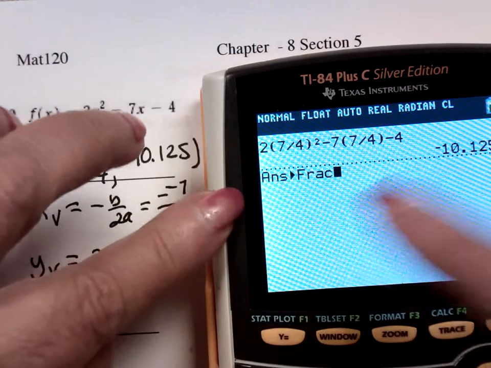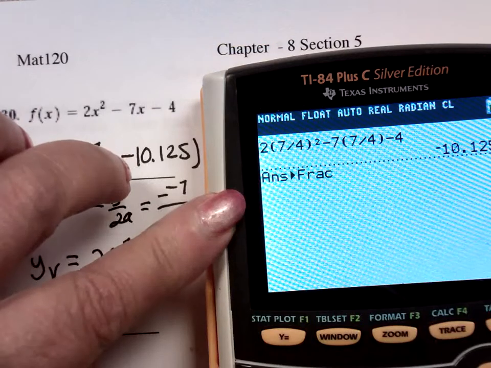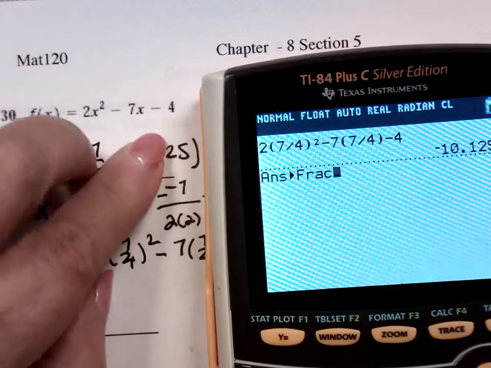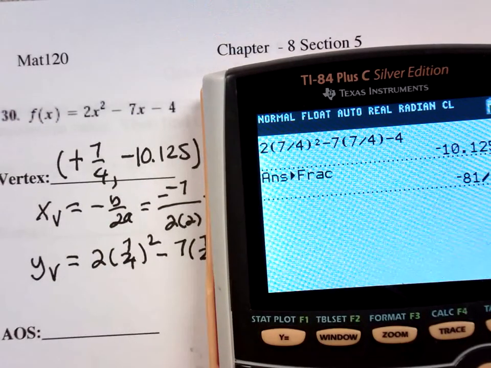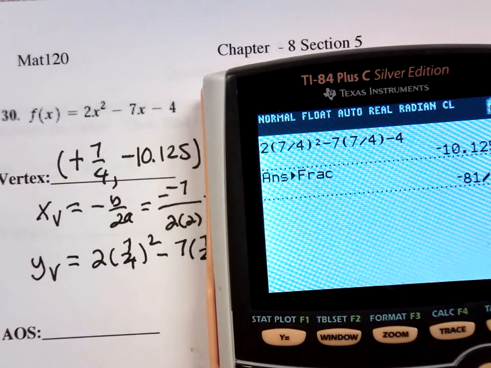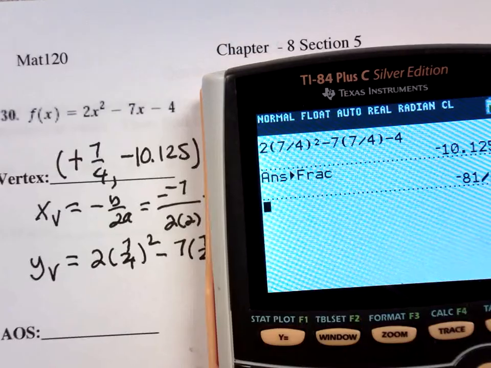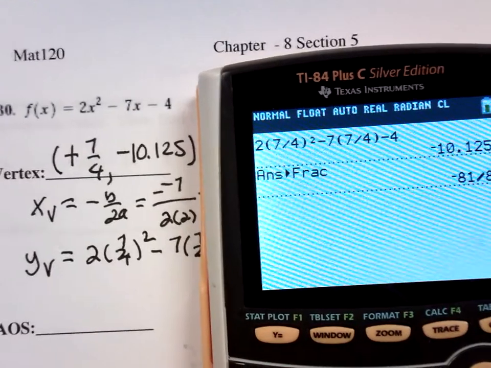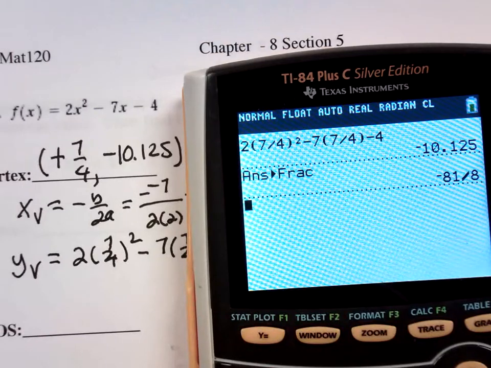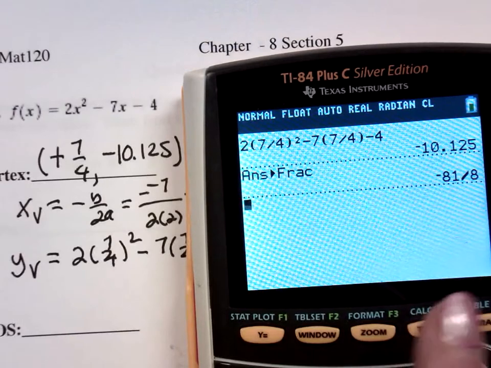So what's in this temporary holder called Ans is negative 10.125. So when I press enter, it comes out to be negative 81/8. That has no meaning to me, but it is negative 10 1/8. It comes out as an improper fraction. But you can take decimals, and if it has any meaning, take it to a fraction. That may make your life a little bit easier, especially on your pre-homework.